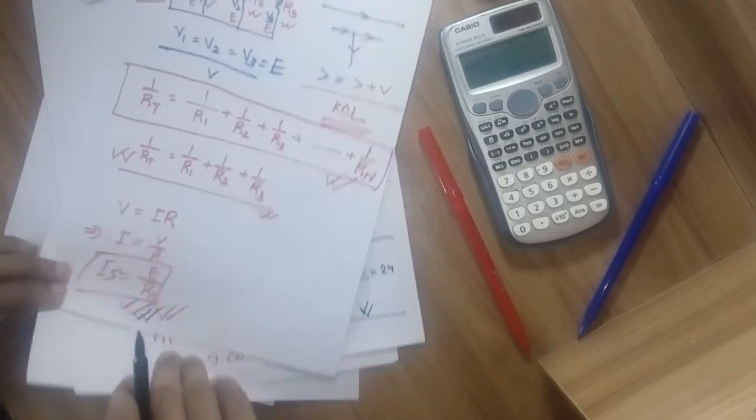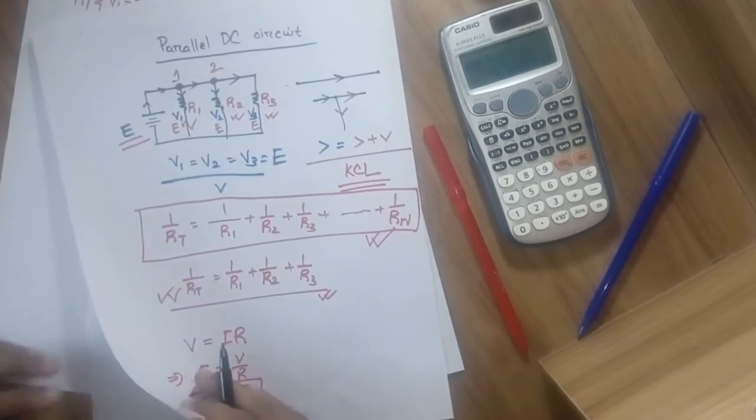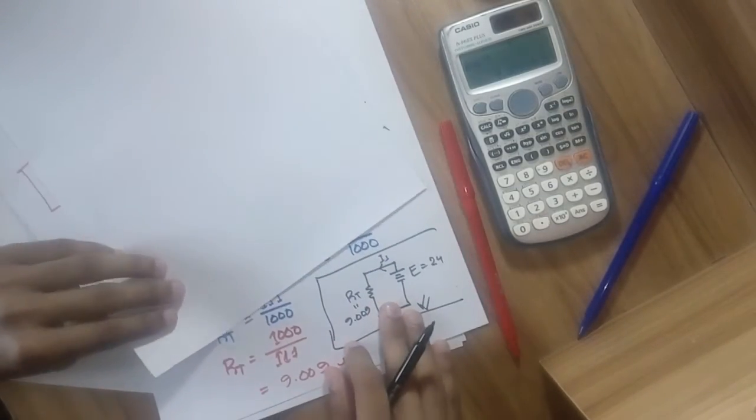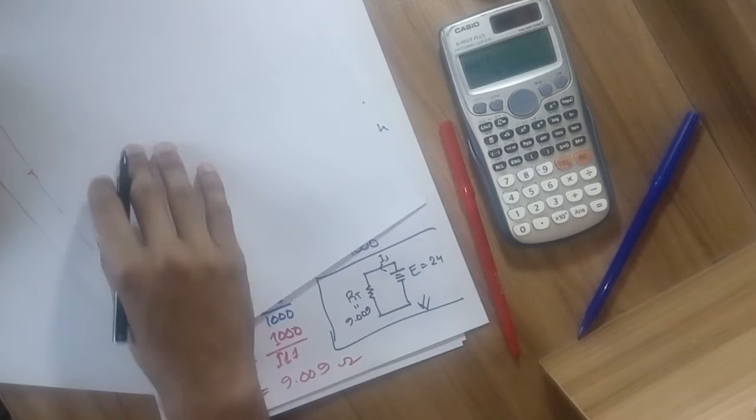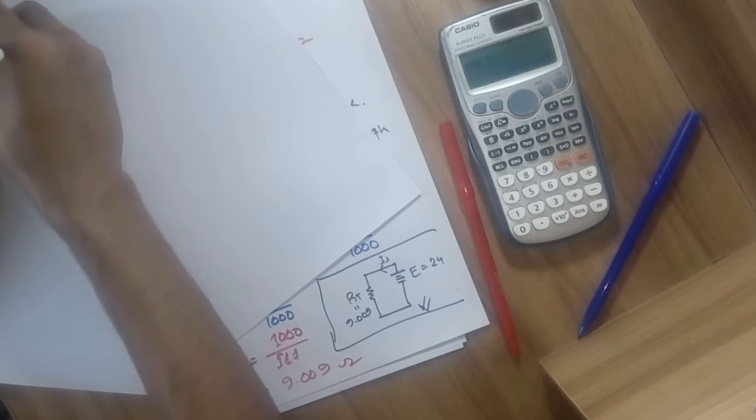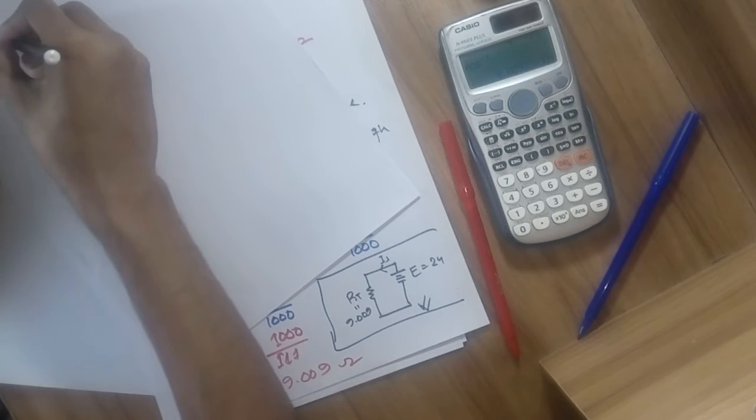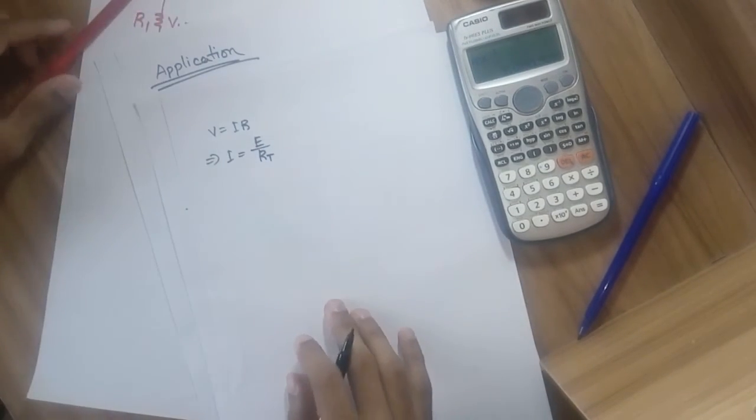Now we are going to use this formula. Ohm's law says V equals IR. That means I equals E by RT.